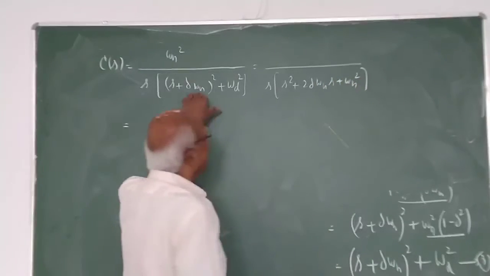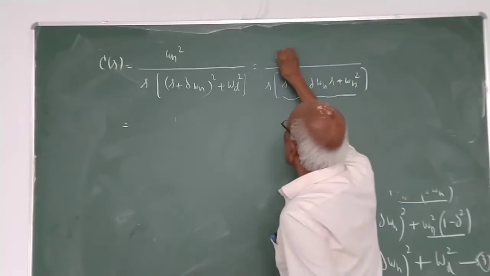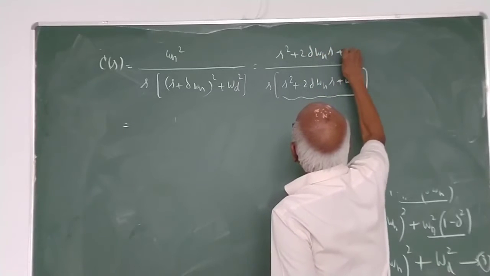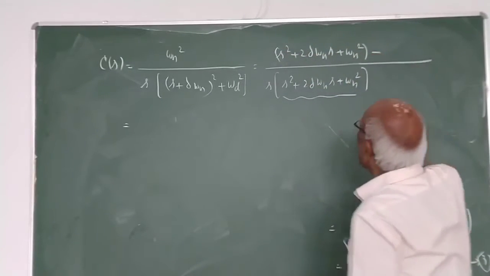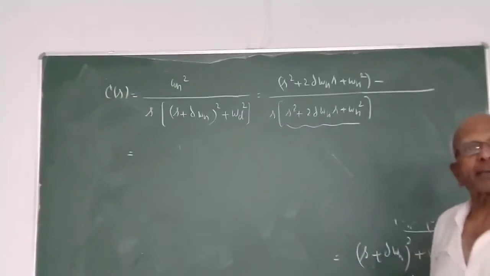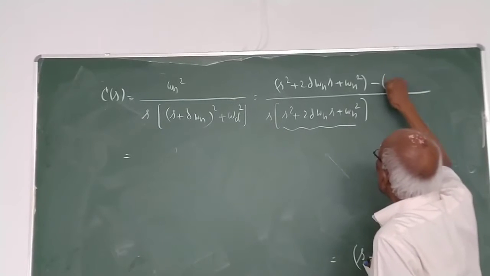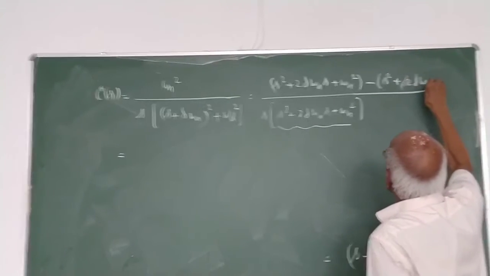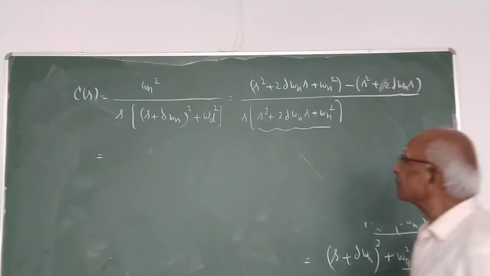I will write this part first here: s squared plus 2 delta omega n s plus omega n squared. The numerator has only omega n squared, which means it is minus of s squared plus 2 delta omega n s. Am I right? I am right, of course.